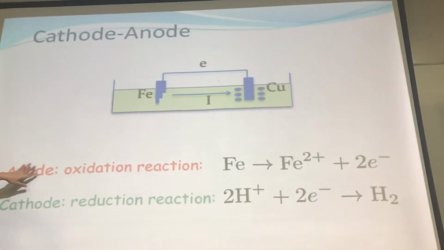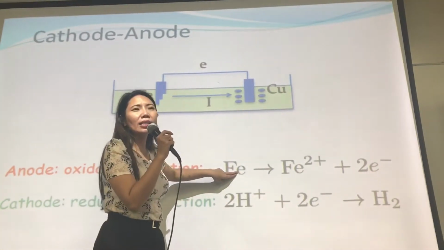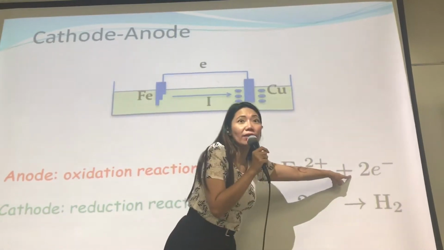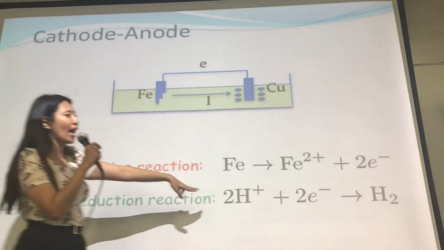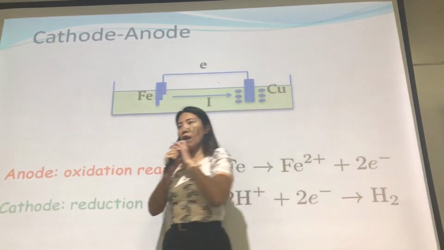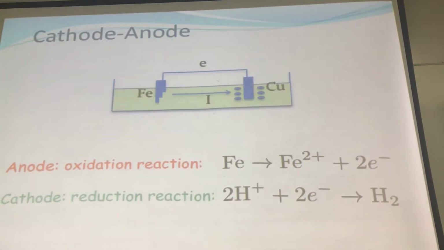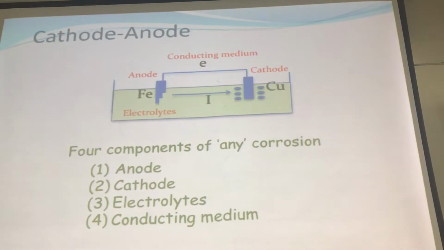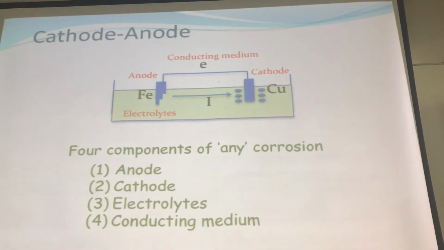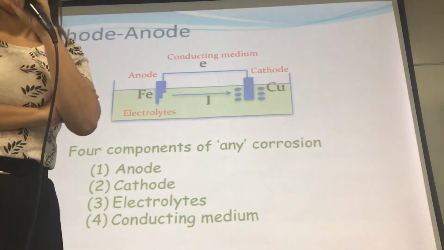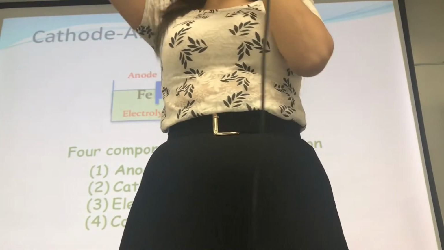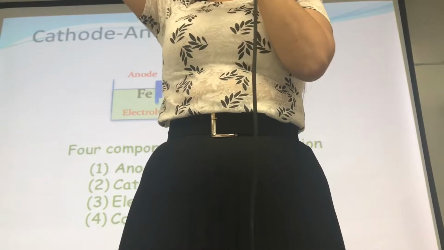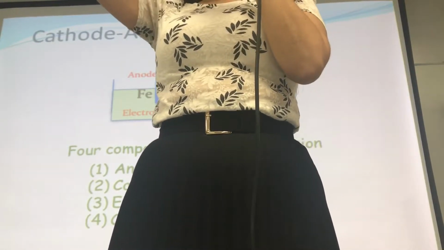Again, anode means give out electrons, and cathode means it gets electrons. And next, this is kind of important. I stay at this slide for maybe 5 minutes, because I give you certain examples of it.